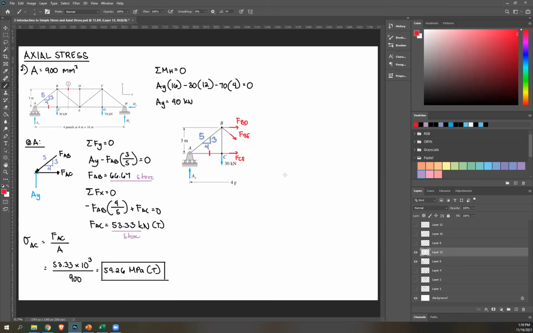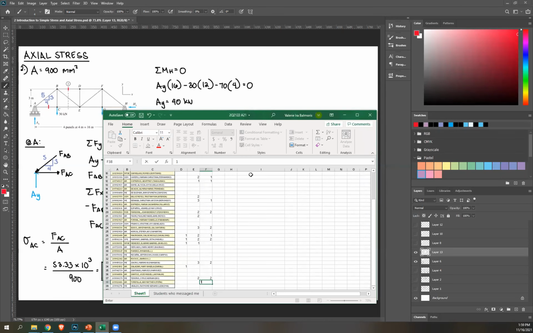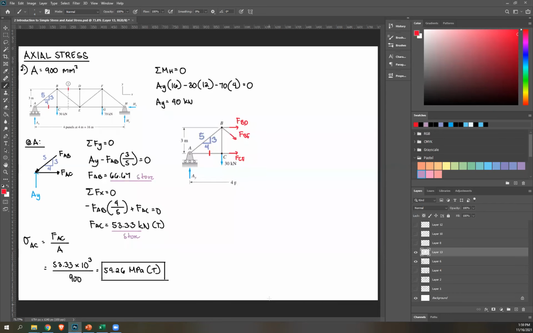Can anybody tell me what point? Okay, correct. The answer is moment at E. Remember, you're not confined to your isolated section.